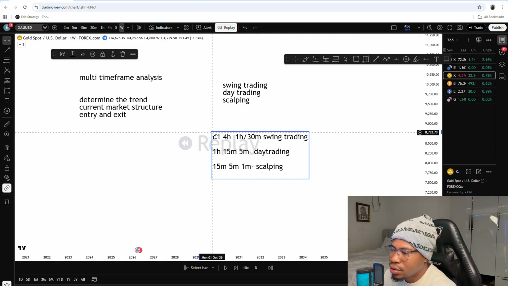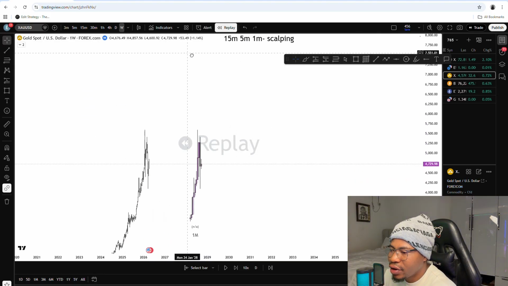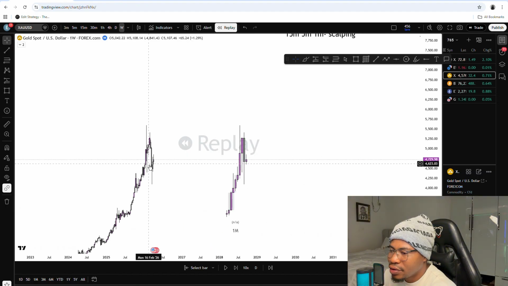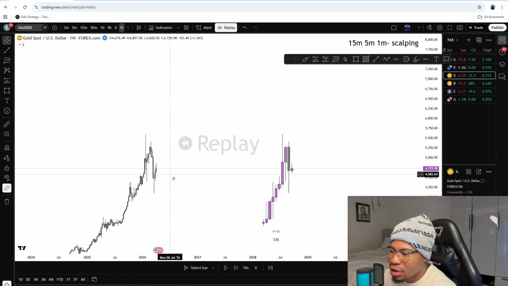The reason for this is because they use time frames like this: the daily, the 4 hour, the 1 hour. And this means for each of these time frames you're seeing, if you go to the chart, we are currently on the weekly time frame, and each of these candles you're looking at means it took 1 week to completely form this candle.